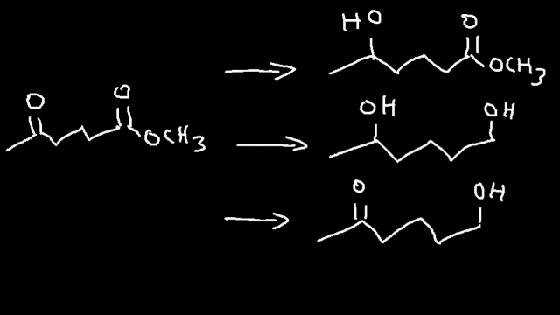Now, if you wish to reduce the ketone and the ester, you can accomplish that with lithium aluminum hydride. It will reduce anything that it can get its hands on. Now, if you only want to reduce the ketone and not the ester, use sodium borohydride. It reduces ketones, aldehydes, acid chlorides, but it doesn't reduce esters and carboxylic acids.